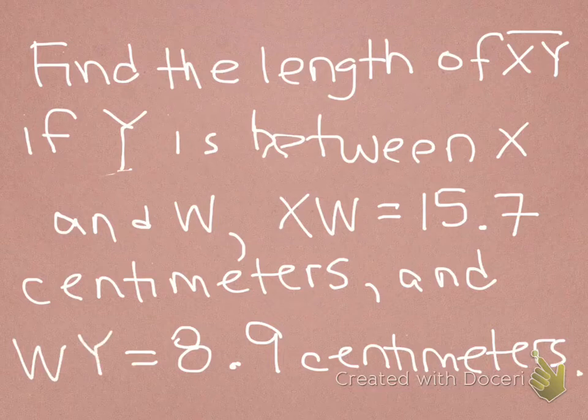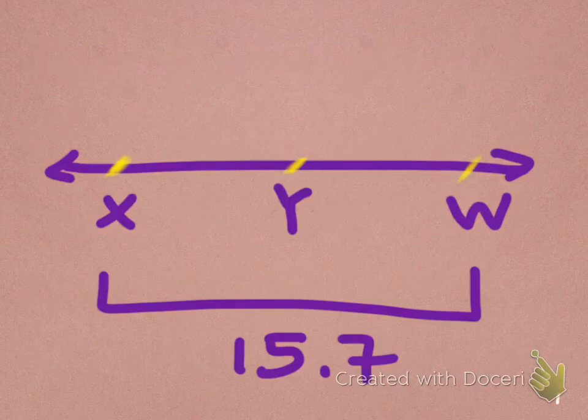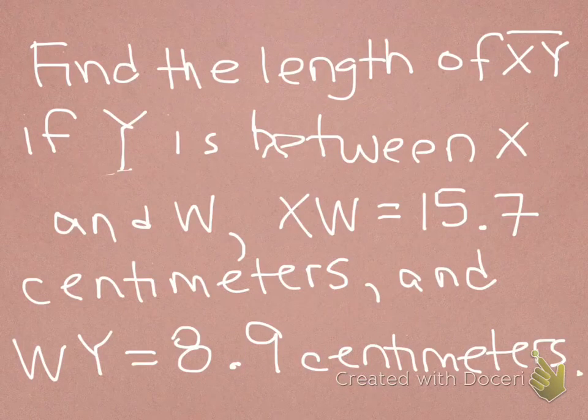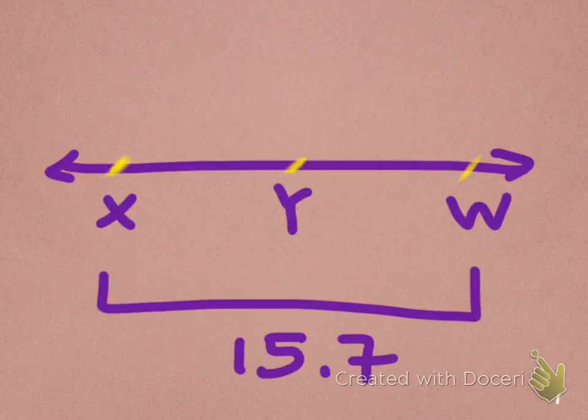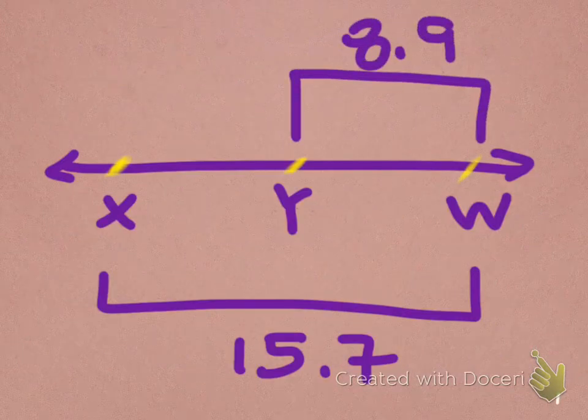We have X and W. Y is between X and W, so we labeled that. Then we're given XW, which is the total, 15.7. Then we're given WY, which is here, and that's 8.9. Now we're finding XY.